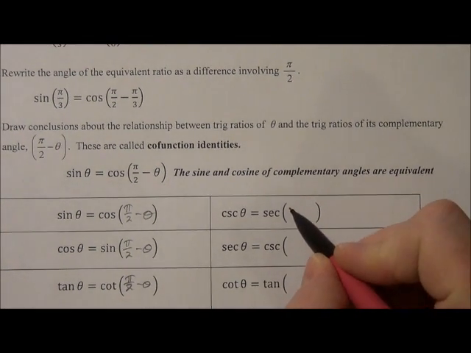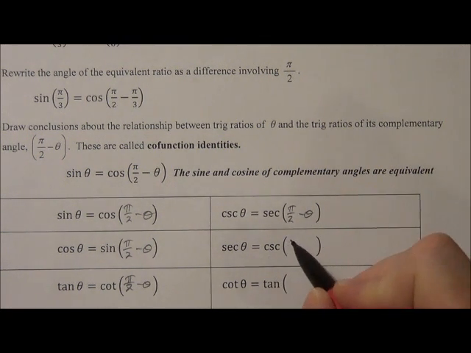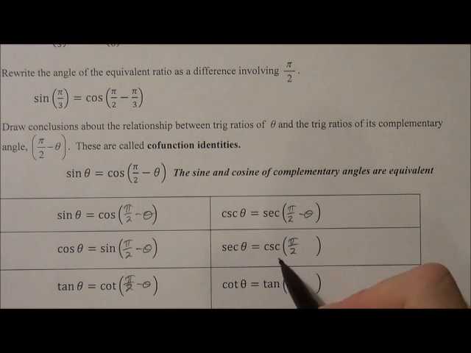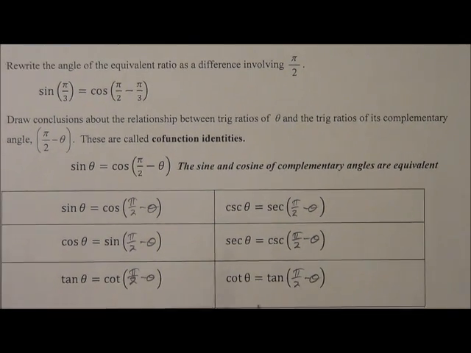And cosecant theta is secant of pi by 2 minus theta. Secant theta is cosecant of pi by 2 minus theta. And the cotangent theta is the tangent of pi by 2 minus theta. Okay, so we saw all this in that table that you filled out before. This just gives a bit more of a formal definition to it.